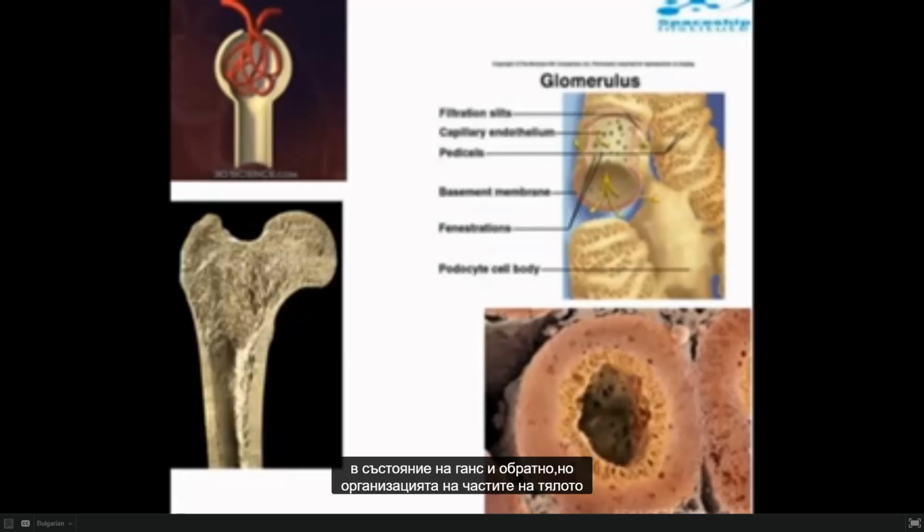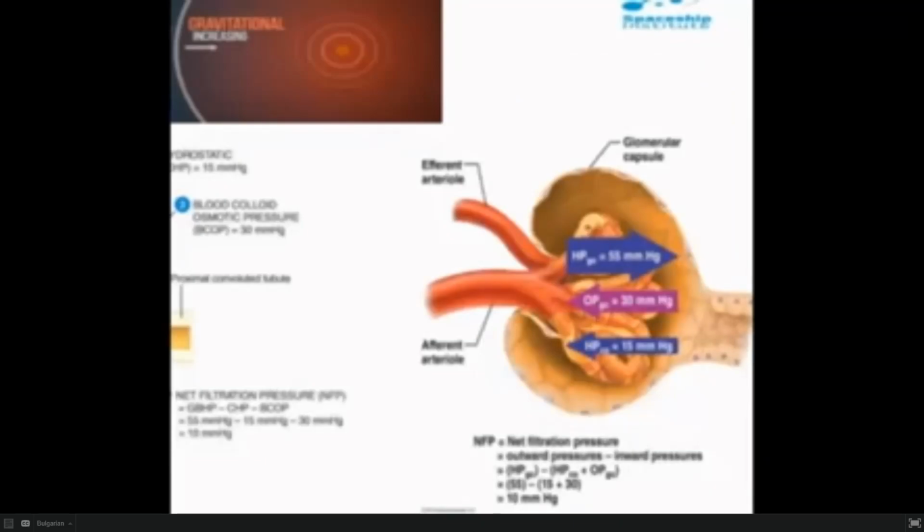But the organization of the parts of the body, like a bone and like a capillary or tubular part of the nephron, is the same. Okay, and then we go to the next slide.